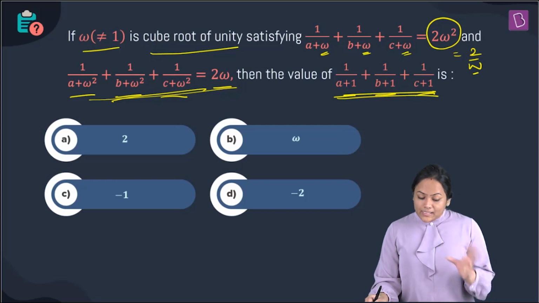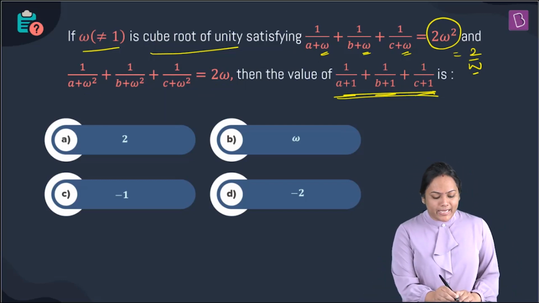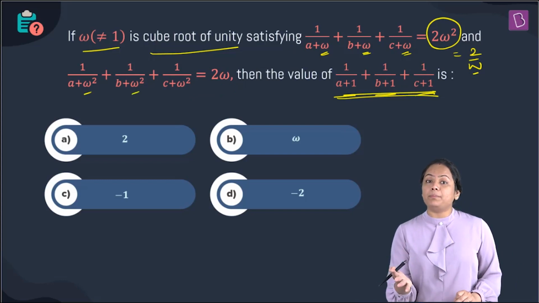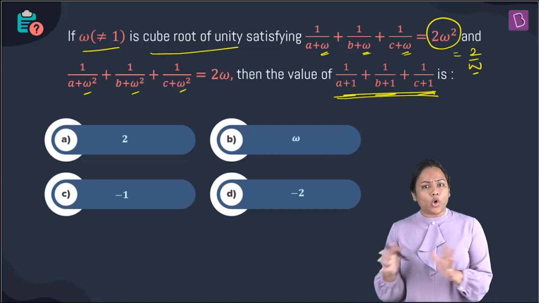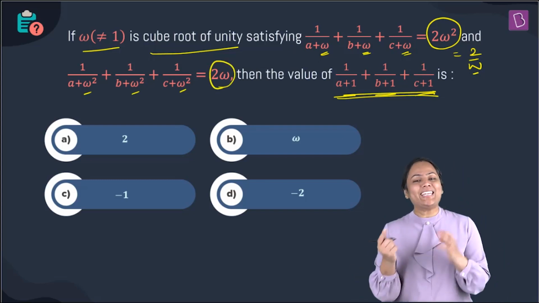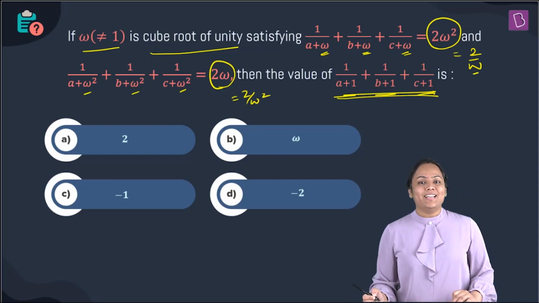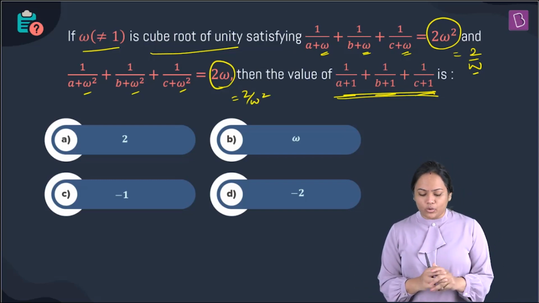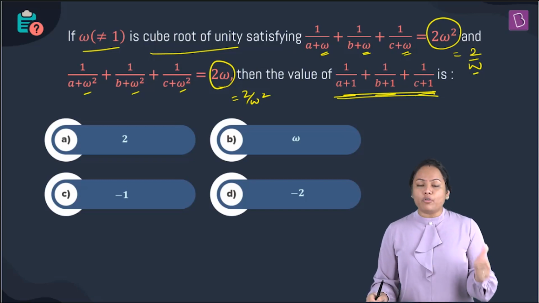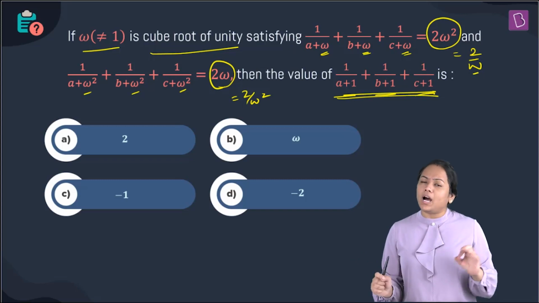Similarly, about the second term, I have 1 by a plus omega square, then b plus omega square, c plus omega square, all in reciprocals. And guys, this 2 omega again can be written as 2 by omega square. So I have been seeing a pattern over here. They are following the same kind of pattern, or the expressions are similar.